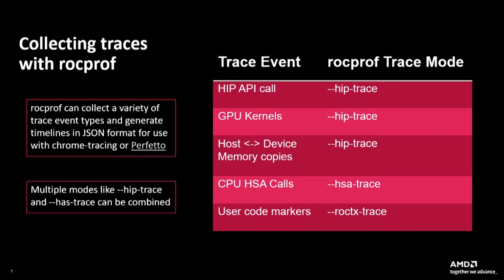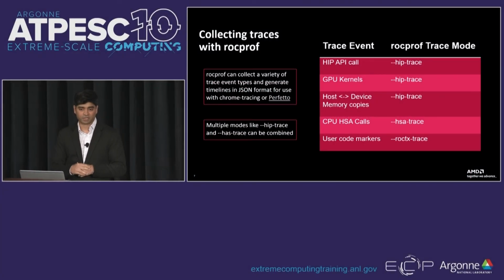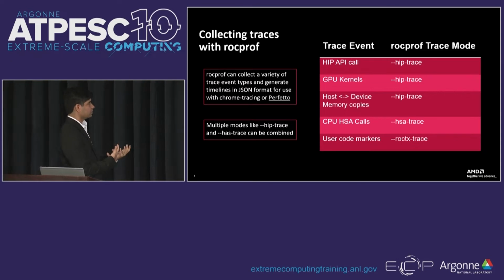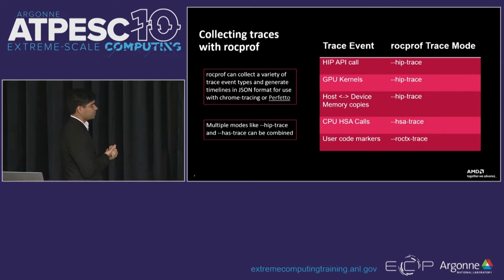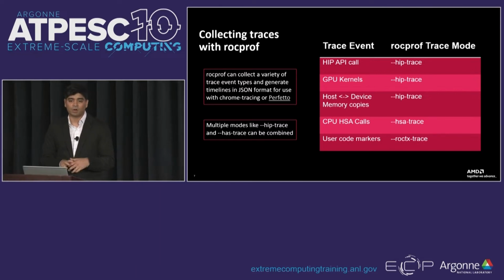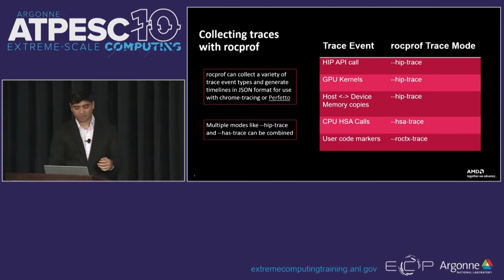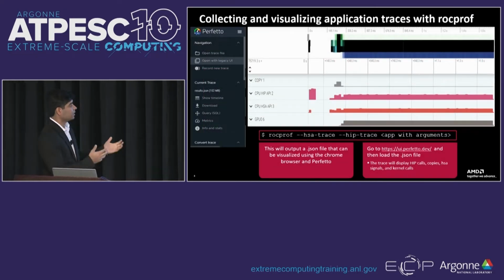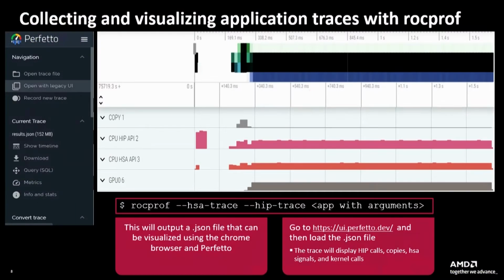Whenever you collect all these traces, there will be a JSON file dumped into your output directory. That JSON file is pretty easy to visualize because you can use the standard browser tracing tools, like Chrome tracing, or Perfetto. I'm going to show an example on the next slide using Perfetto. Say I wanted to collect the HSA and HIP trace.